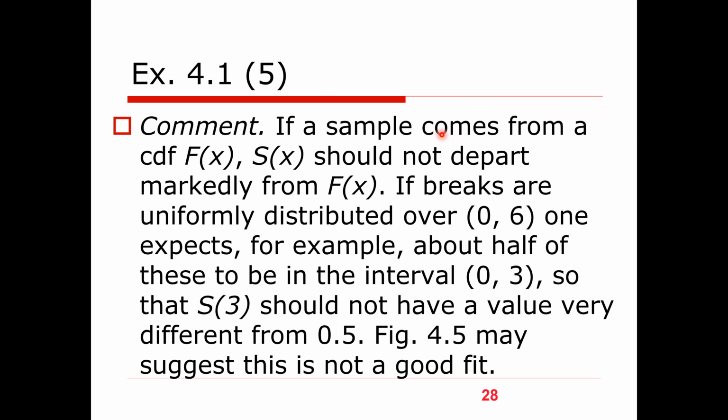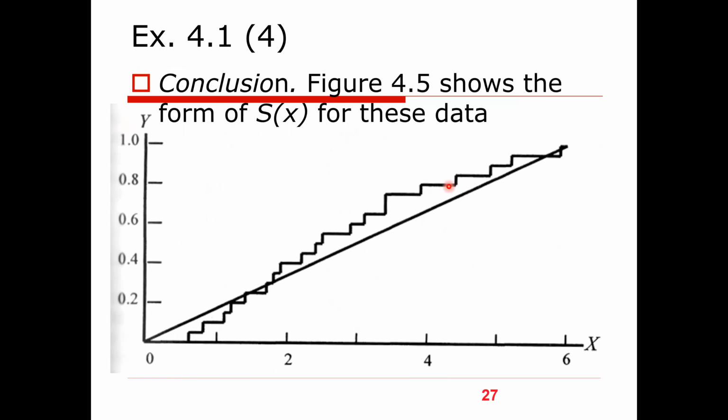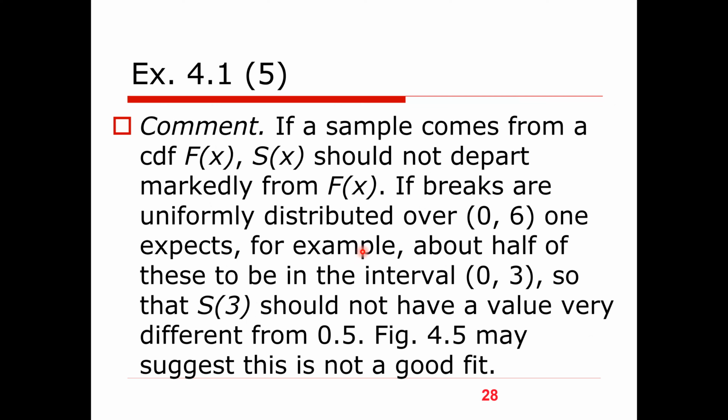This is not only uniformly distributed, this is actually symmetrically distributed, which means if that's the case, then S3, when x equals 3, should be some value very close to 0.5, right? Let's say 0.5 is right here, and S3 is here, but S3 is a lot larger than 0.3. Intuitively, this is not a very good fit.